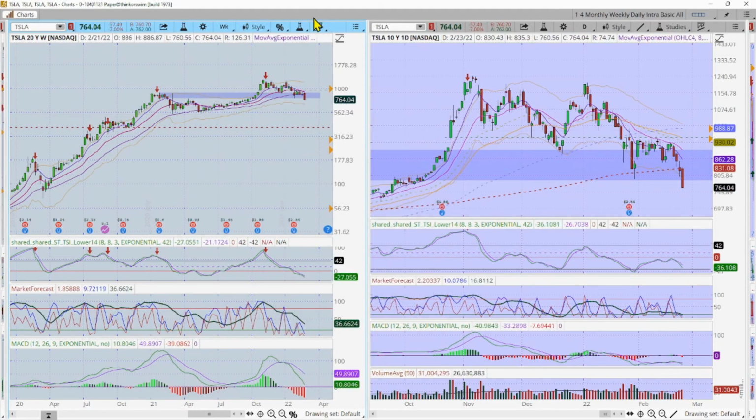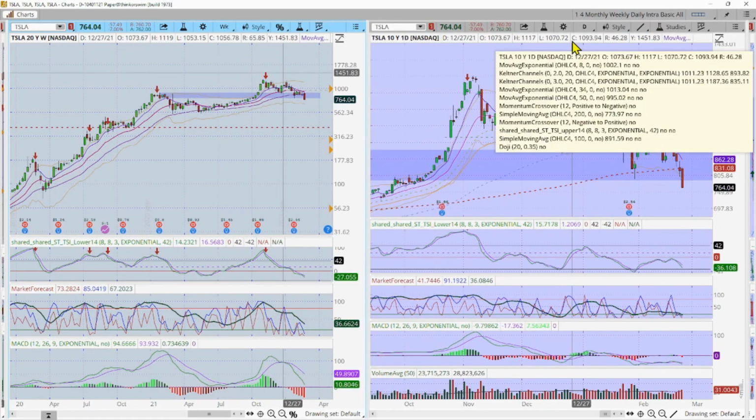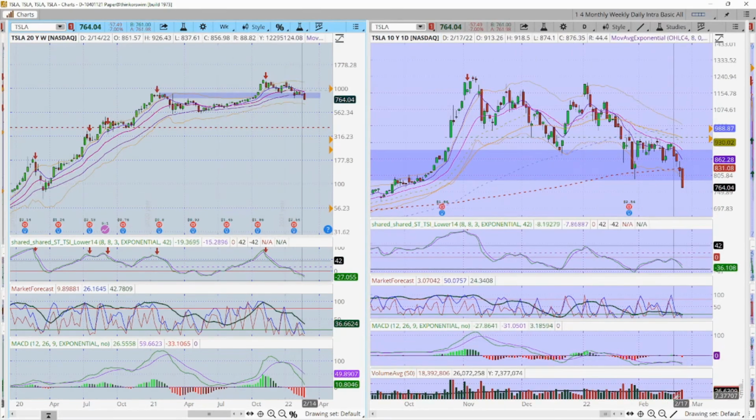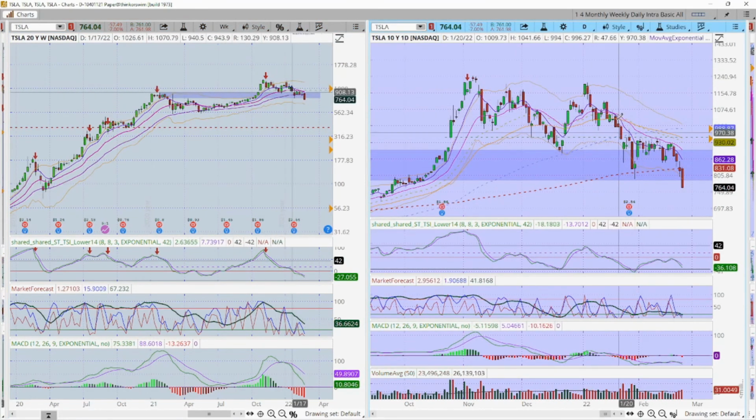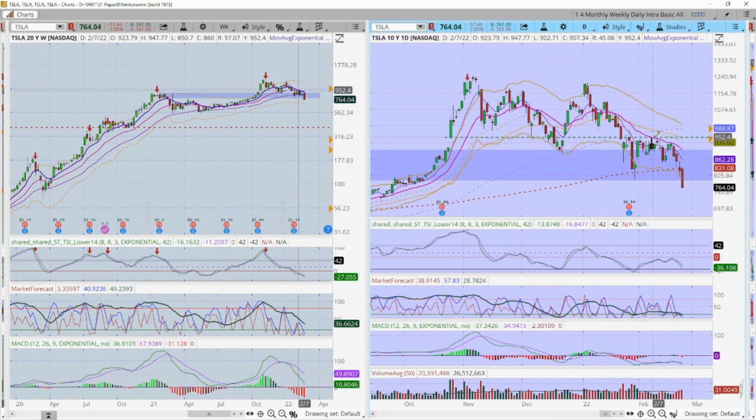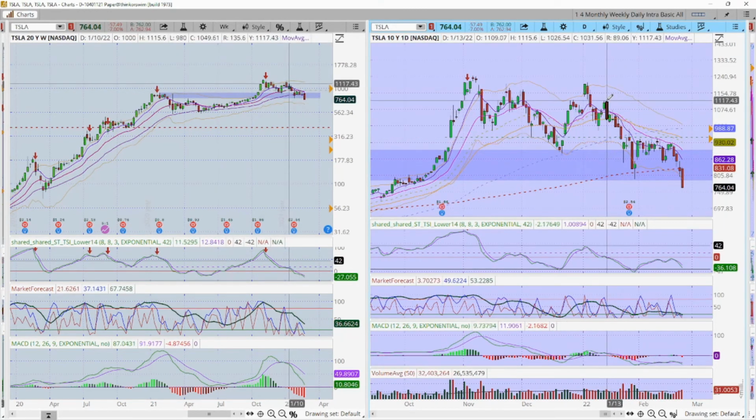Another one is on a shorter term basis, just take the fib here. We can go from this low to this high, project back up to this high. And so it would look something like this.